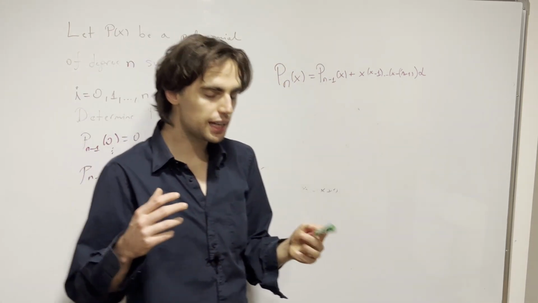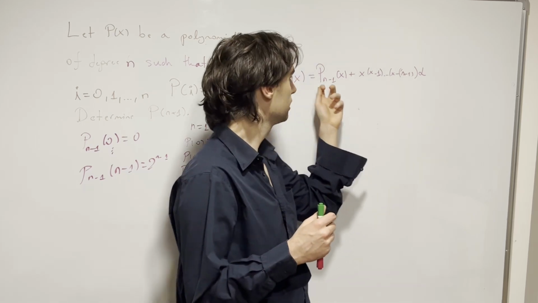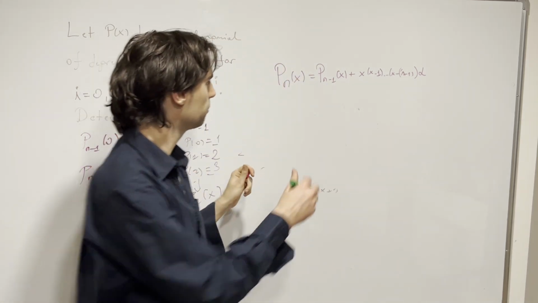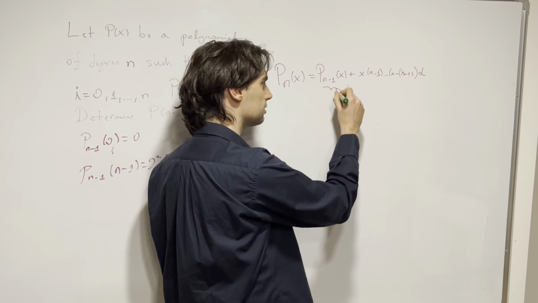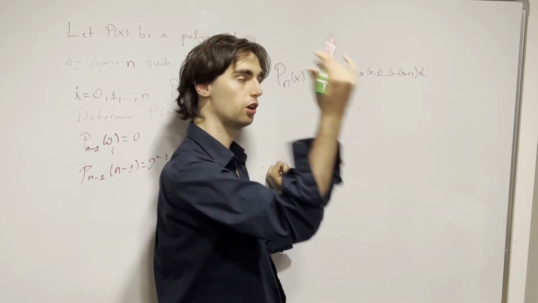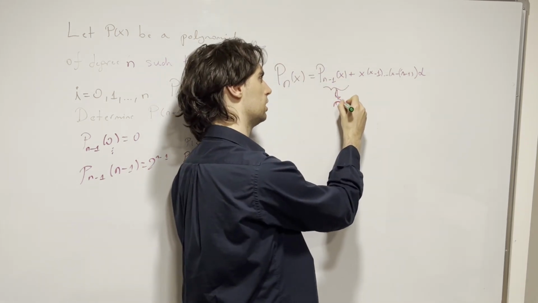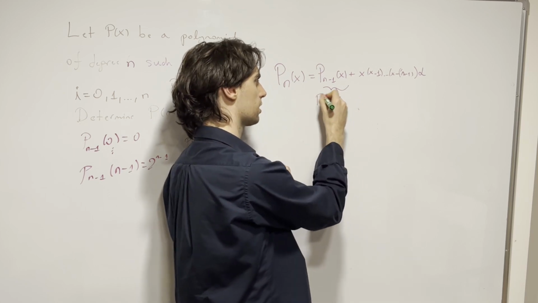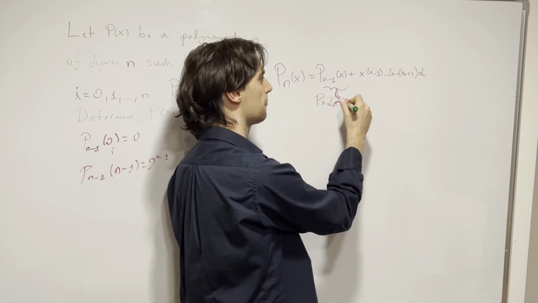And now we can maybe sort of figure out what we're looking at. P of n we figured out here, so we know this value. If we're solving the problem in general, we know what P of n is. It's 2 to the n.